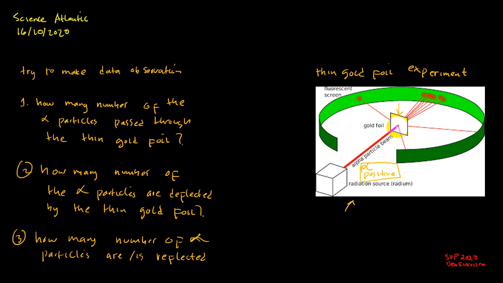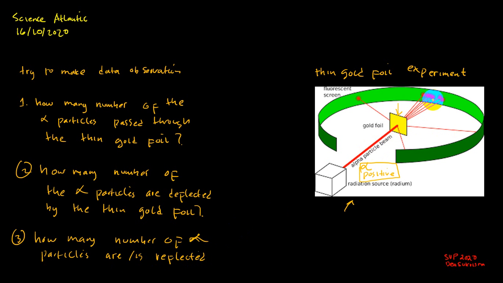Deflected means it is kind of bent, not just passed through, but reflected is more than 180 degrees. This one is an example of reflected. Actually, I'm giving you the answer already: there is only one reflected. Deflected is not quite 180 degrees yet.